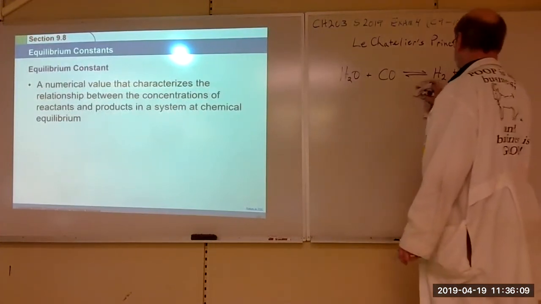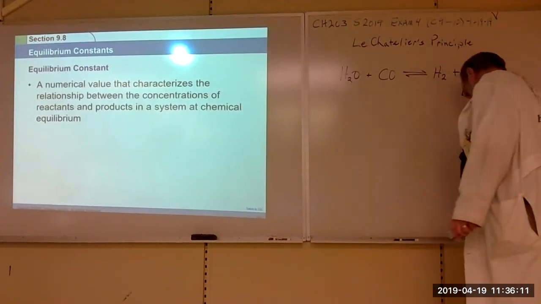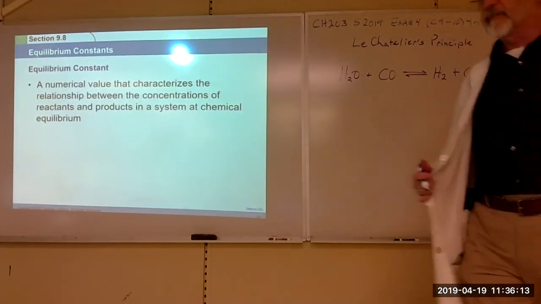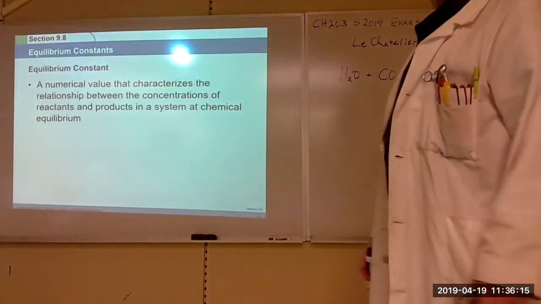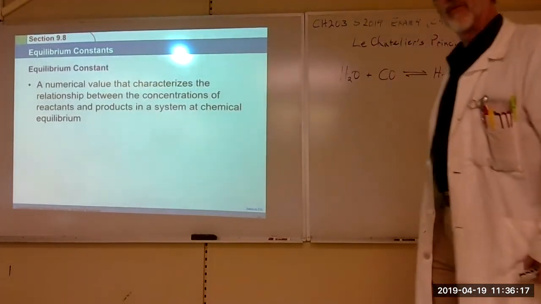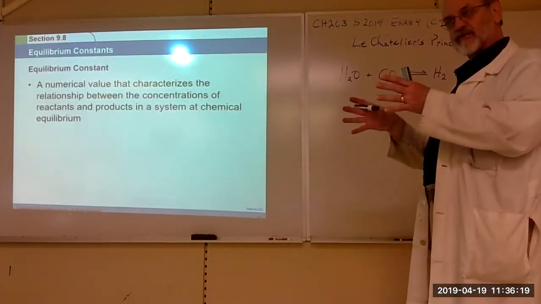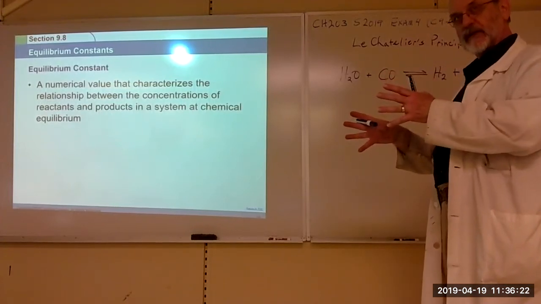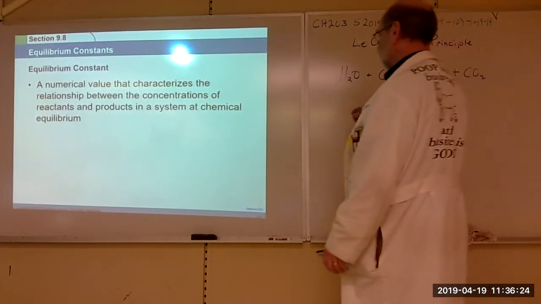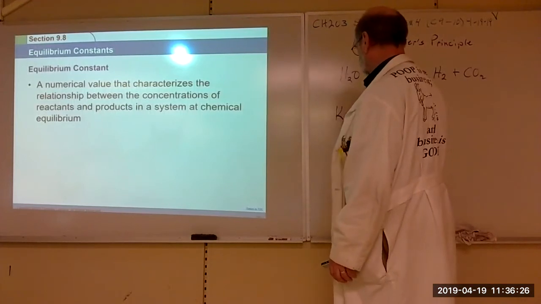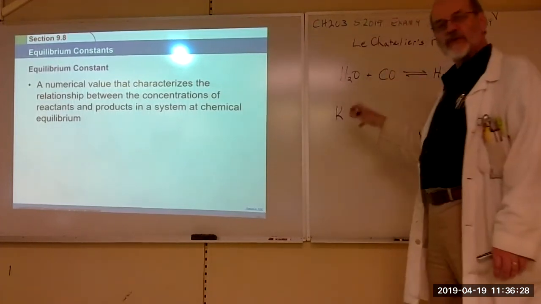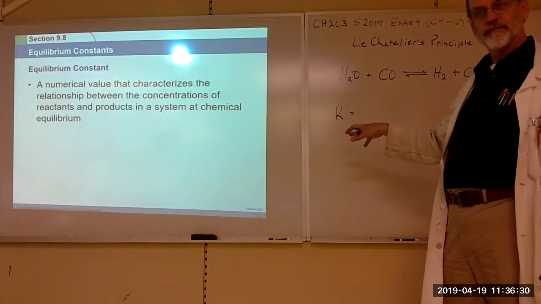Now, as you may have guessed, equilibrium can be quantified. In other words, at a specific temperature, the temperature is constant, we can write an expression for this reaction that is always constant at that temperature.